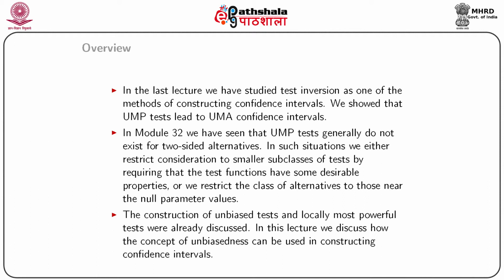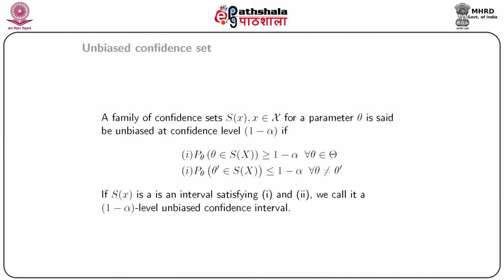The construction of unbiased tests and locally most powerful tests were already discussed. In this lecture, we discuss how the concept of unbiasedness can be used in constructing confidence intervals. First, we define an unbiased confidence set.